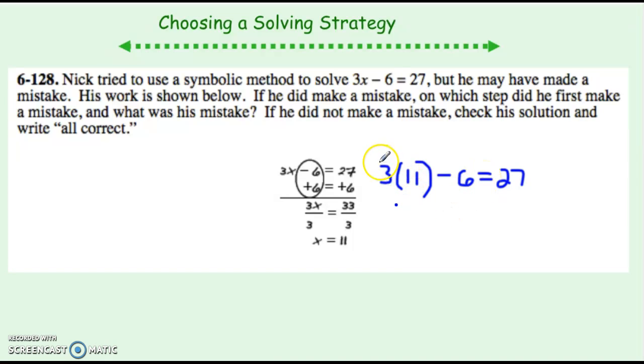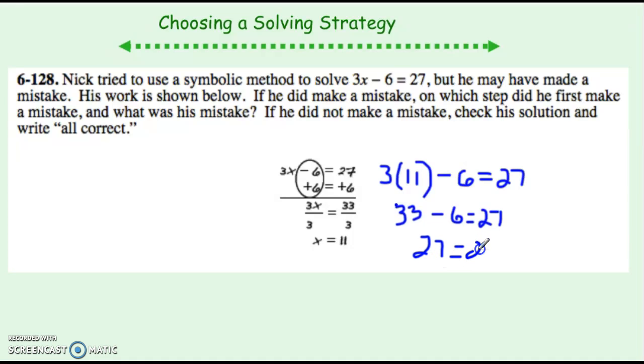So now I'm going to solve. 3 times 11 is 33, minus 6 still. We're finding out if that equals 27. My computer froze on me. All right. 33 minus 6 is 27, and 27 equals 27.